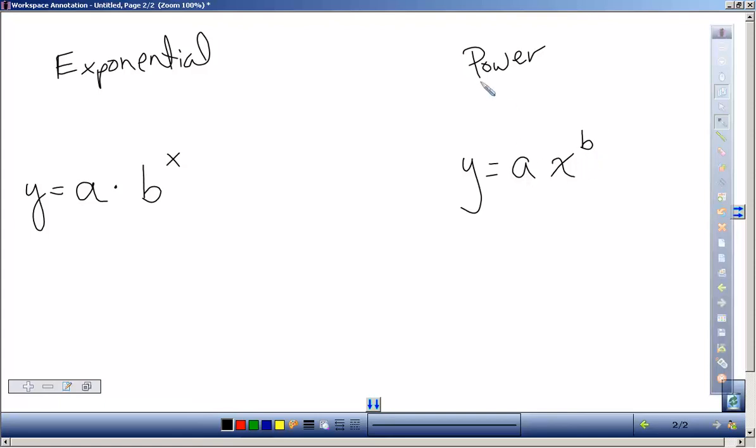Cubic, this was just 3. For the power function, b can be decimals and positives and negatives and fractions and all kinds of things. And so they do treat that as a separate model. And so all you're looking for when you go into the calculator is what is a equal to and what is b equal to. And we know that once we have a model, we then can use it to do predictions.